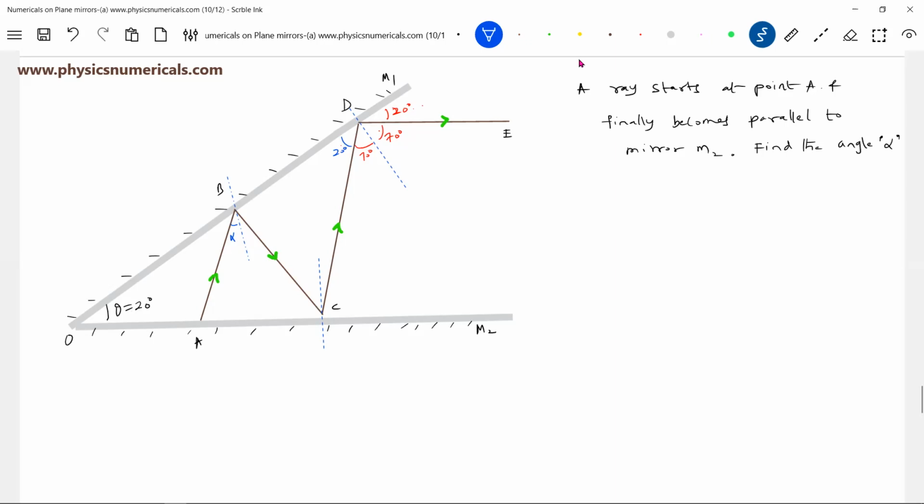Let me extend this line. So this is like a normal for the mirror M1, so this will be 90. This will be 20. So the sum of these angles, 90 plus 20 plus this angle, should be equal to 180.